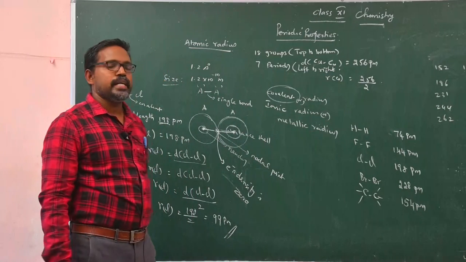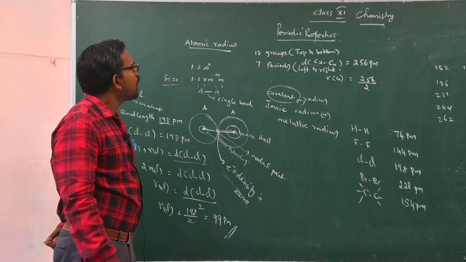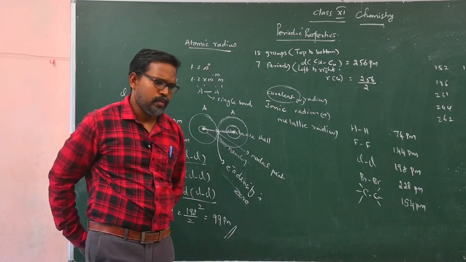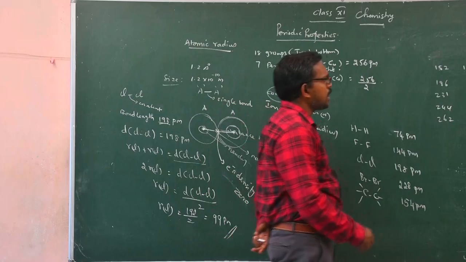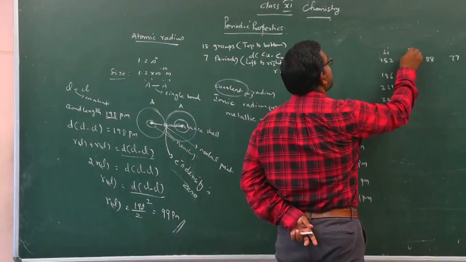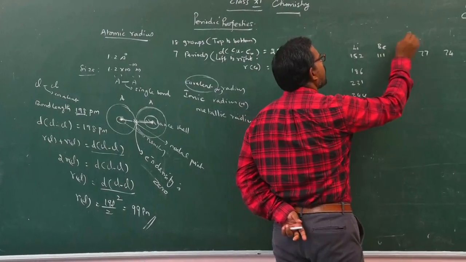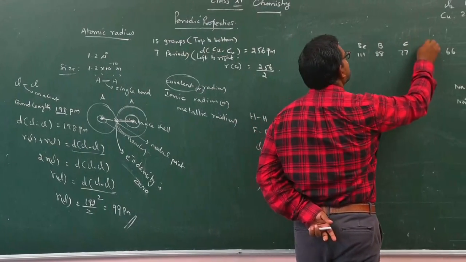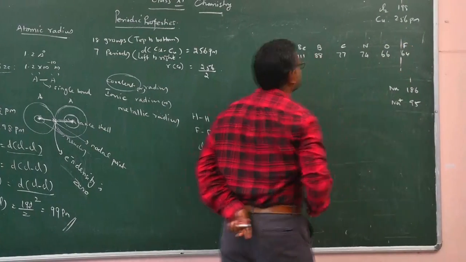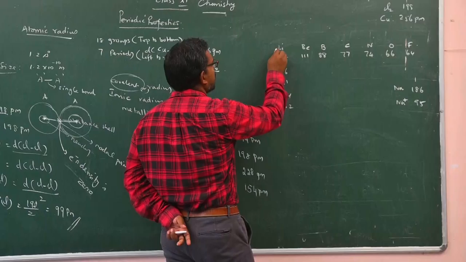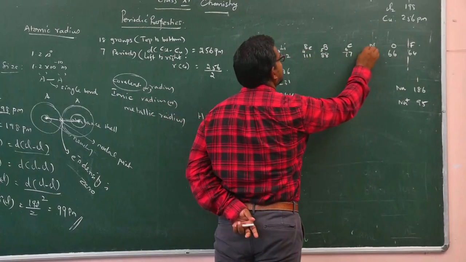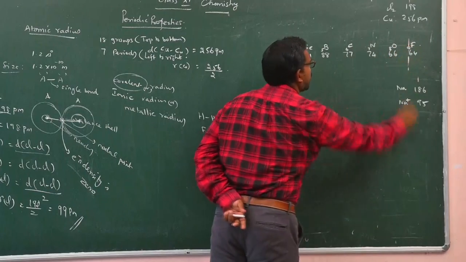How does atomic radius vary from left to right? Remember the second period of the periodic table: lithium, beryllium, boron, carbon, nitrogen, oxygen, fluorine. Left to right, atomic number 3, 4, 5, 6, 7, 8, 9.